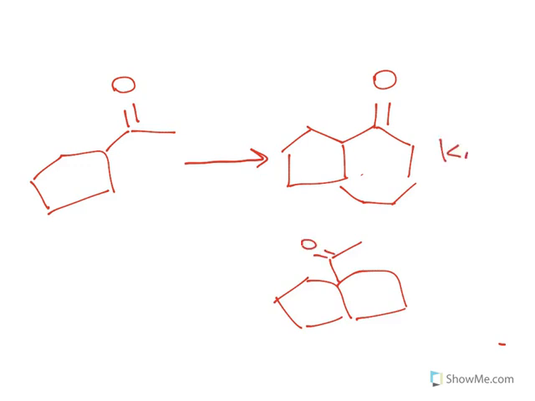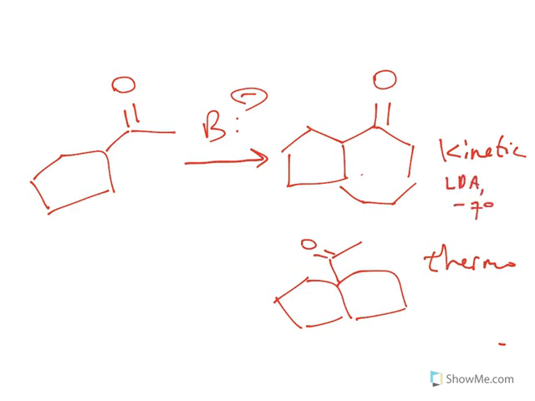This was the kinetic, and this was the thermo. It just depends on what kind of base you're going to be using, and temperature conditions. So for kinetic, what do we want? Something strong like LDA at minus 78. And for thermo, we want something like sodium hydride at room temperature.